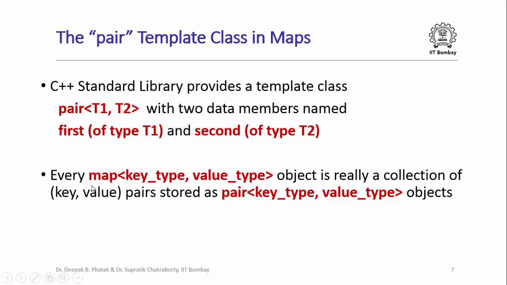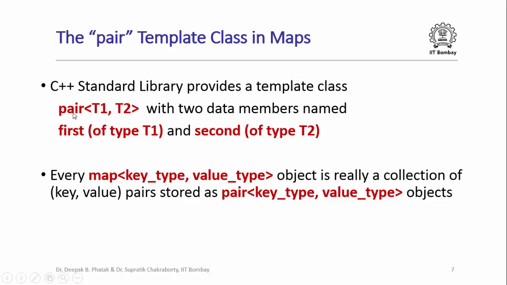This is because whenever you define an object of the map class, in which the type of the key and the type of the value have been instantiated with specific types like strings and doubles maybe, this object is really a collection of key value pairs, as we have just seen, and these key value pairs are going to be stored as objects of the class pair.